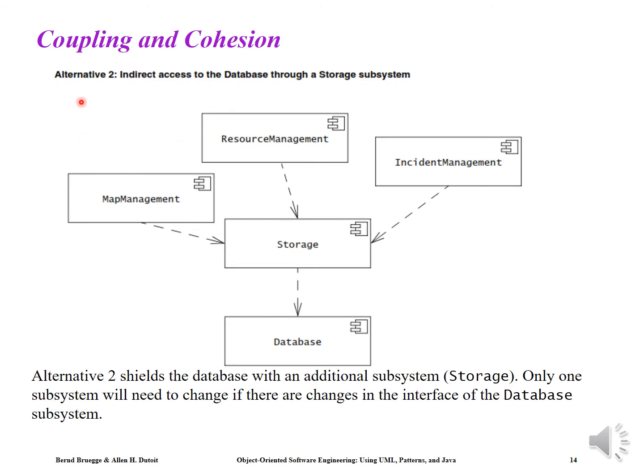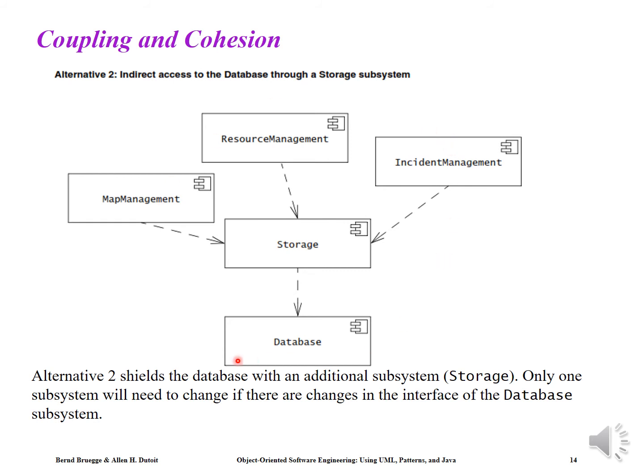The second alternative shields the database with an additional subsystem, which is storage. Only one subsystem will need to change if there are changes in the interface of the database subsystem. If the database storage mechanism is changed, only one subsystem needs to be changed, as we have placed an intermediate subsystem to separate the database from these subsystems.